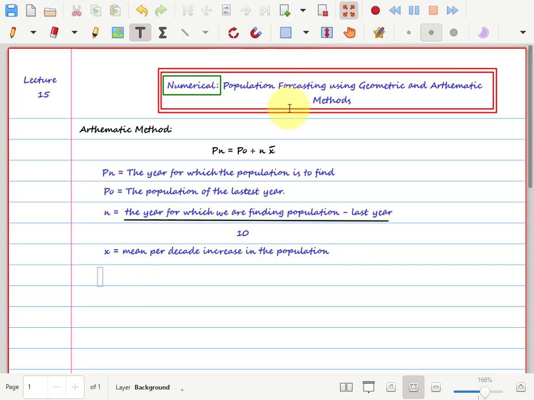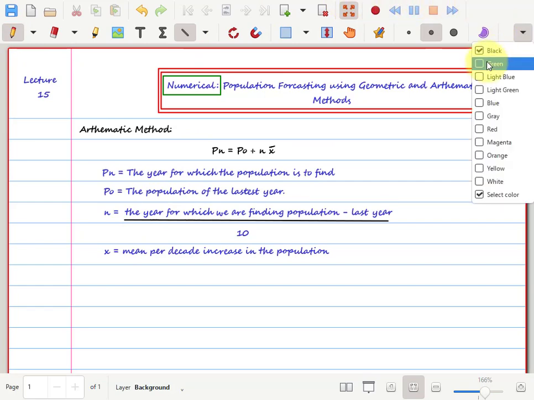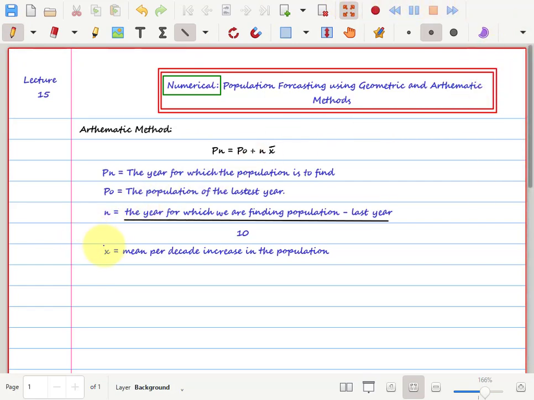This is x bar, okay. So this is the formula for the arithmetic method.